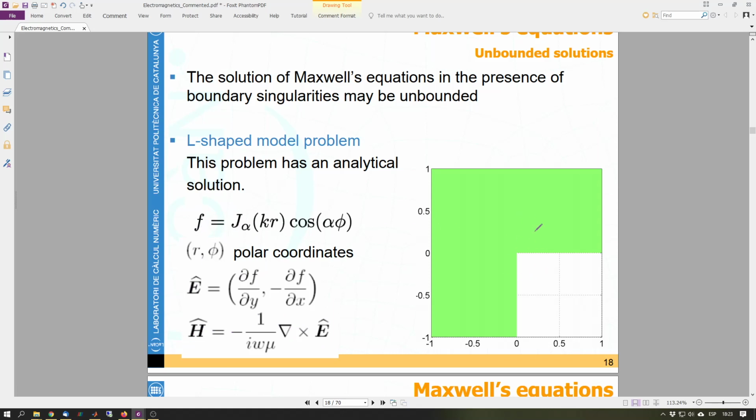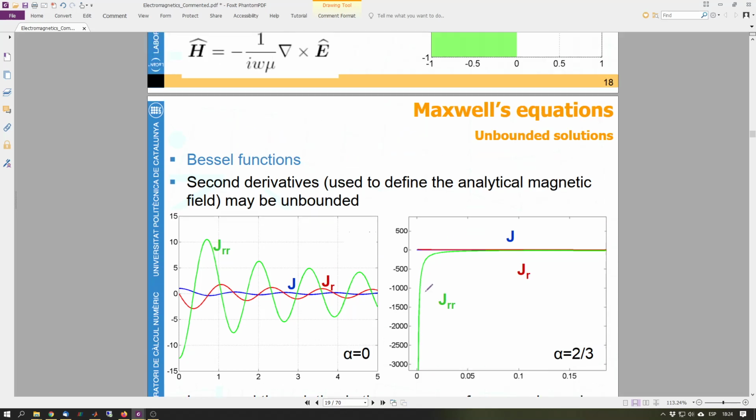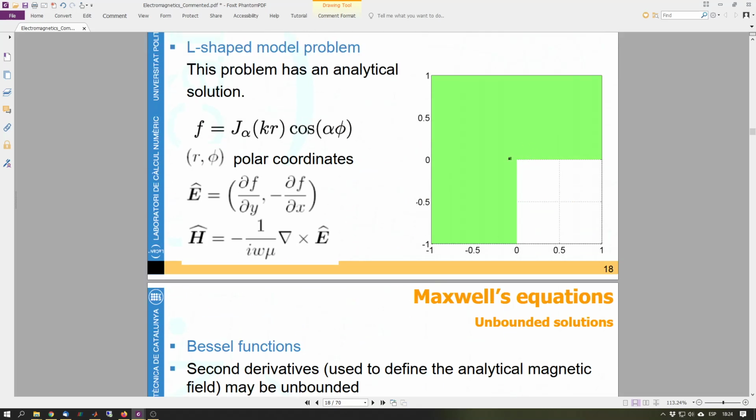Working in radial notation from that point, we have the radial derivatives, working in polar coordinates. In that case, we will need the Bessel function itself for alpha equals 0, and for other values of alpha. For alpha equals 0, the first and second derivatives behave well and are bounded, but the second derivatives of the Bessel functions for some alphas are in fact unbounded. And this reflects the singularity of the magnetic field at this point.